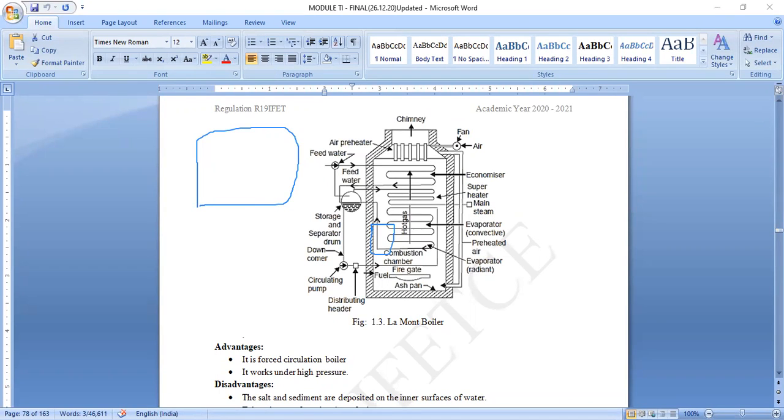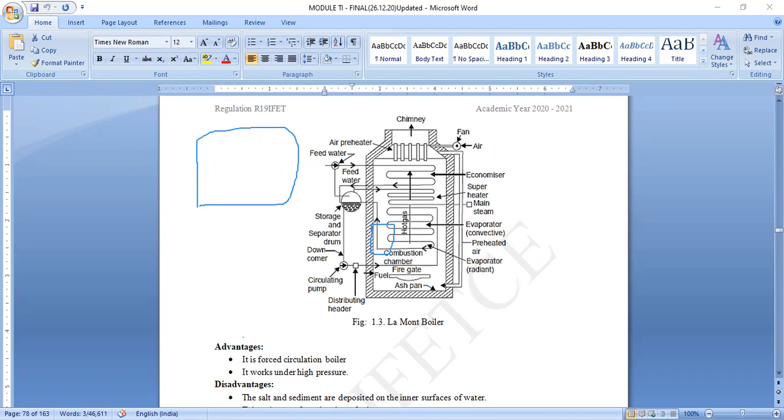This is the construction of a Lamont boiler, which consists of a fan, air preheater, feed water pump, economizer, superheater, and evaporators: the convective evaporator and the radiant evaporator. The difference between the Benson boiler and the Lamont boiler is that the steam separator is outside the boiler, where the steam is separated.